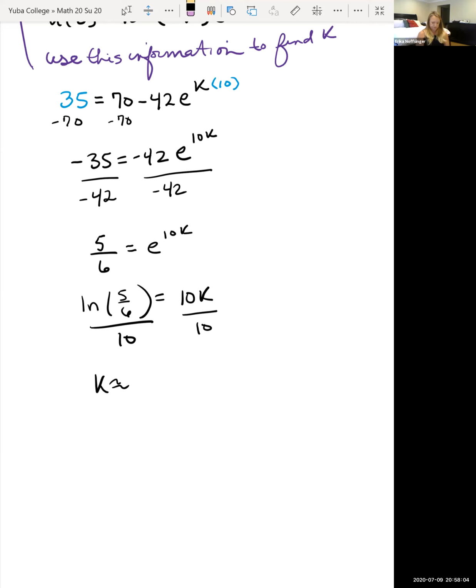Something's wrong. Okay, I'm getting a negative answer, and maybe this is why they said the k. So negative 0.082.